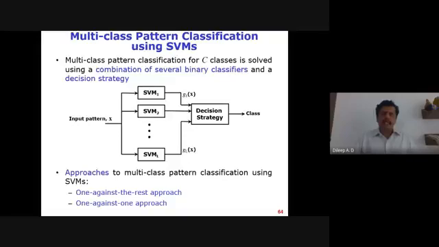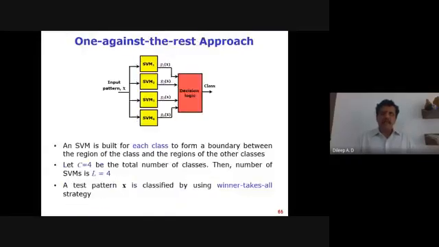In the one against rest approach, an SVM is built for every class, considering that particular class as the positive class and the rest of the examples as the negative class. Suppose there are 4 classes, then 4 SVMs are built, each with that class as positive and the rest as negative.